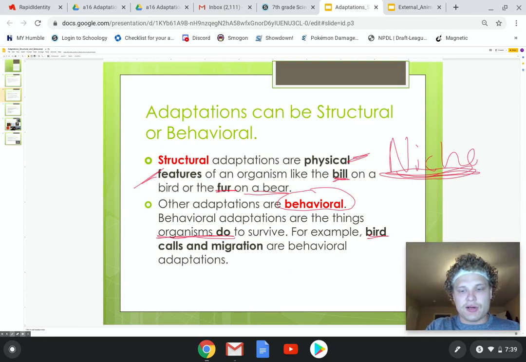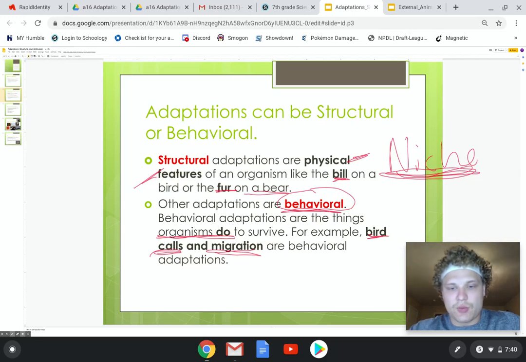All right, so birds, they're calling for other mates or communicating with other organisms, or as simple as migrating. Okay, it gets cold, now this organism is going to migrate south, okay, where it's a lot warmer. All right, or you guys will do an activity called the frozen frog activity, where maybe it's a behavioral adaptation that signals to the frog to hibernate or to become frozen, okay, during the wintertime.